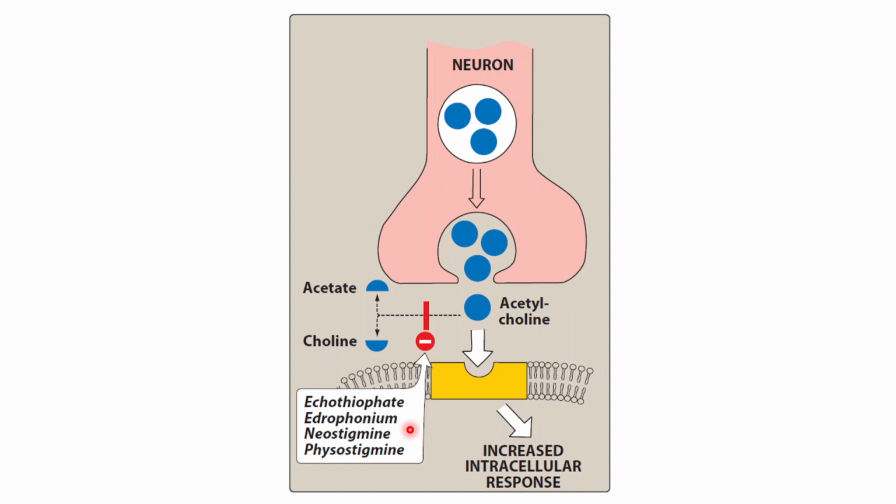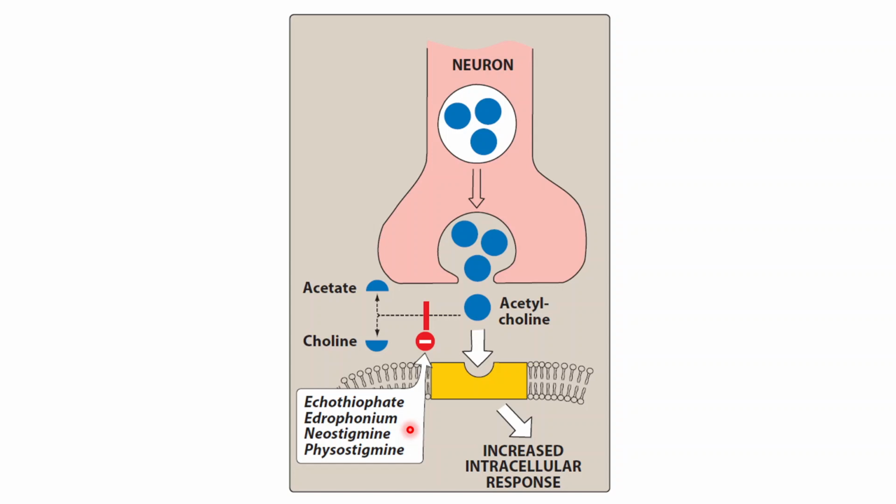Physostigmine is a nitrogenous carbamic acid ester found naturally in plants and is a tertiary amine. It is a substrate for the acetylcholine esterase, and it forms a stable carbamylated intermediate with the enzyme, which then becomes irreversibly inactivated.